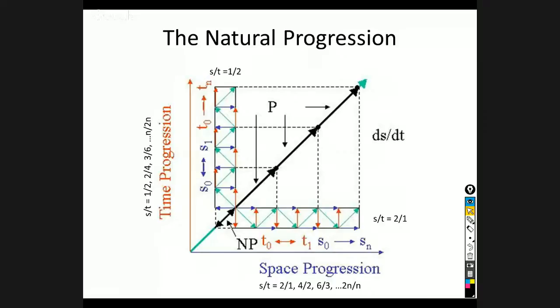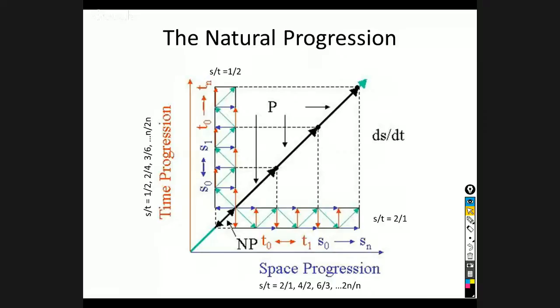Now we can see this just as an aside. We know that time progresses. We measure it with a clock, but we didn't know that space was progressing as well until the modern age, when observations showed that every galaxy is moving away from every other galaxy, and it's not like they're moving through space. Space itself is expanding.